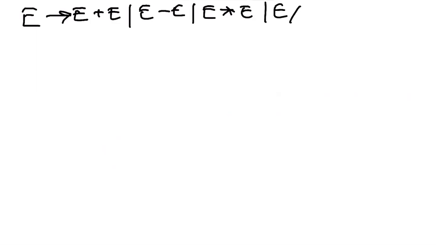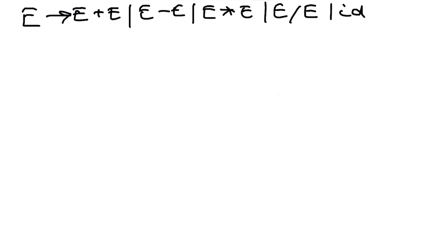So say E plus E, or E minus E, or E into E, or E divided by E, and ID. Okay, so I'll keep it at this. This is the grammar for arithmetic expressions.